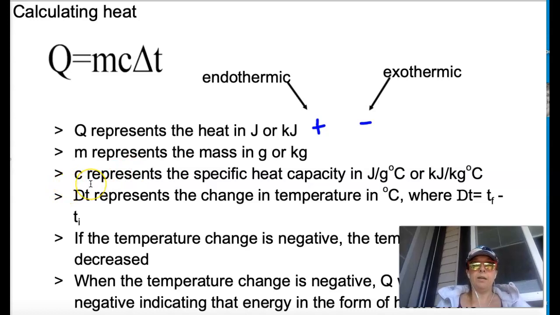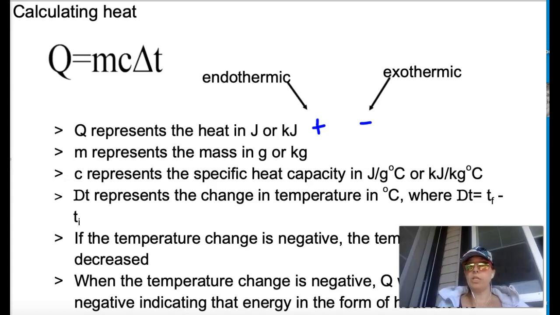So C represents the specific heat capacity of an object. You will find that objects that are made of different materials are going to have different specific heat capacities. So specific heat capacity is basically if I had 1 gram of a particular sample and I wanted to raise the temperature by exactly 1 degree Celsius, how much energy would I have to put into that, okay?